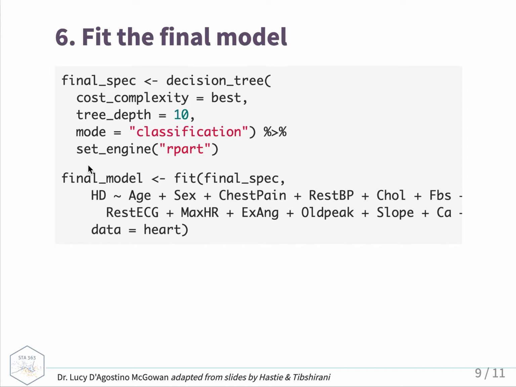And now I'm going to fit the final model, so I'm going to fit the final specification. I'm going to have all the same pieces in this final specification, except now for cost complexity, instead of tuning that, I'm going to plug in best, which is the value I just pulled from the select best function. Then I can fit this final model using this final specification.